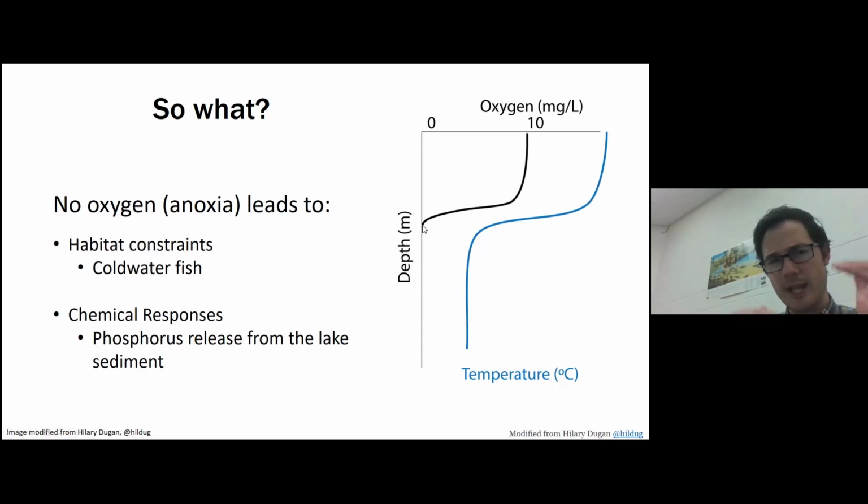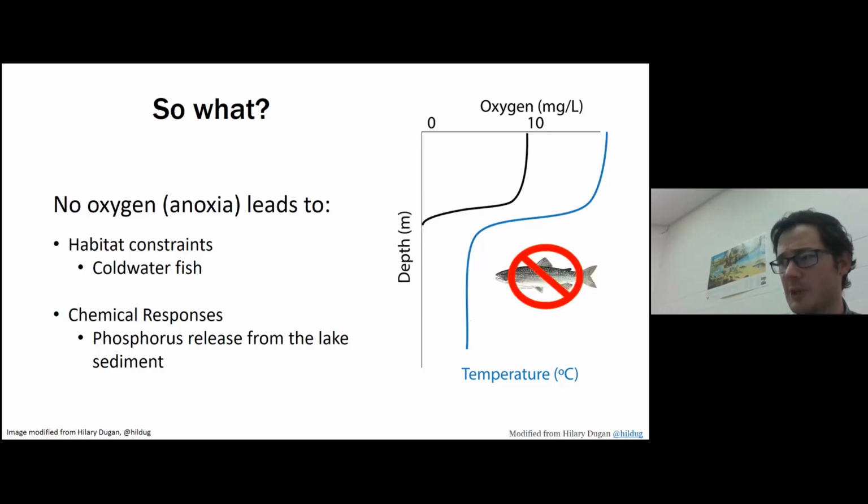So you've collapsed that habitat where some fish want cold water and high oxygen. And so we probably don't see cold water fish in this lake. That doesn't mean that's good or bad. If the lake used to have it, then that could indicate something is going in the wrong direction. But some lakes just have never had cold water fish due to many factors that naturally occur for that water body.